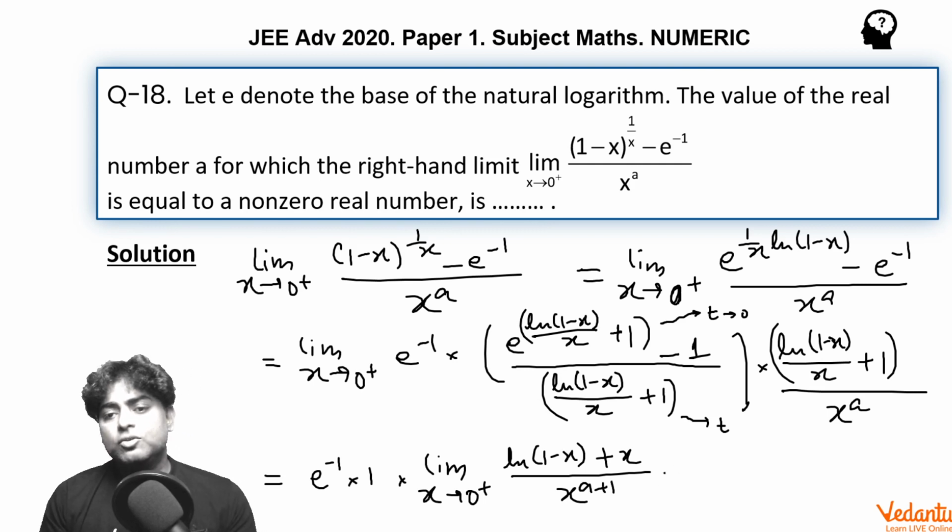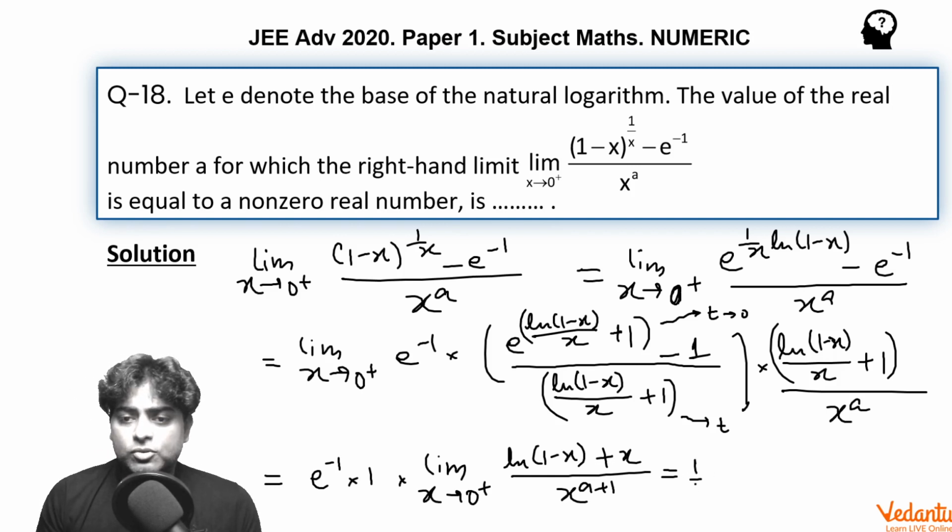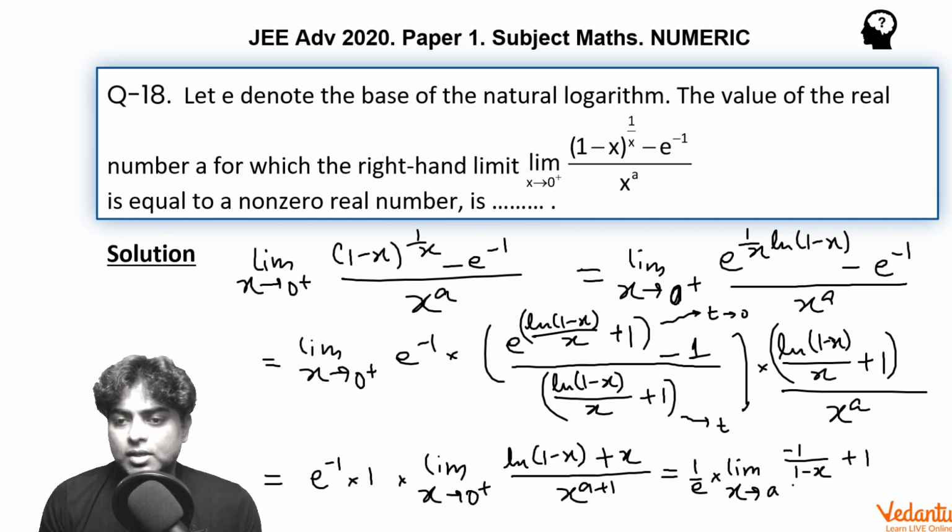Now here I can use expansion for ln(1 minus x) or L'Hopital rule. So I would prefer to use L'Hopital rule here. We can do this by expansion also. So if I use L'Hopital rule over here, I'll get 1 upon, minus 1 upon 1 minus x plus 1, derivative of numerator and then derivative of denominator according to L'Hopital rule.